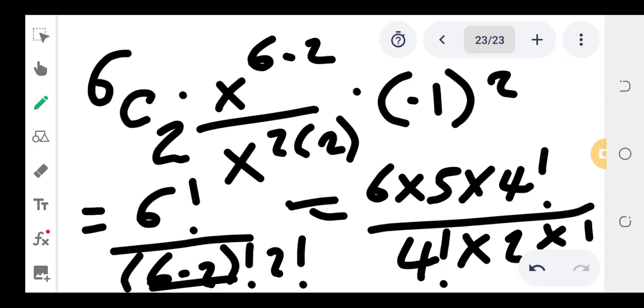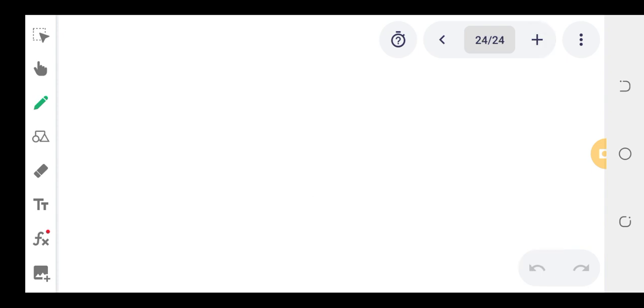So the 4 factorial and the 4 factorial go. So 2 into 6 is just 3. So what is 3 times 5? So 3 times 5 is 15. That is now the coefficient.